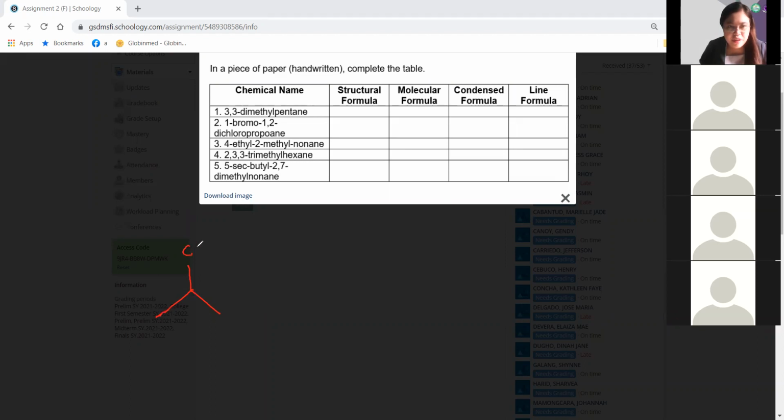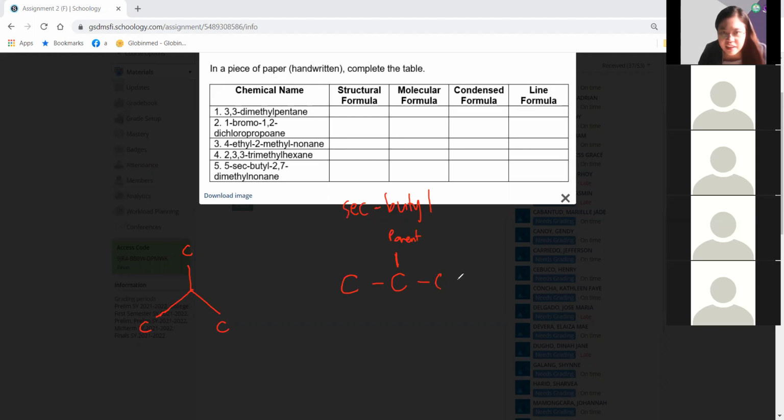So, meron ka dyan C and then another C. Pero pag tert-butyl or sec-butyl, ma'am. Sec-butyl. Ano ang ginawa mo sa sec-butyl? Nag-extend ako ng another carbon sa end. Example, this one, kani ang nakakonekta sa parent chain. For example, this is the parent chain here.